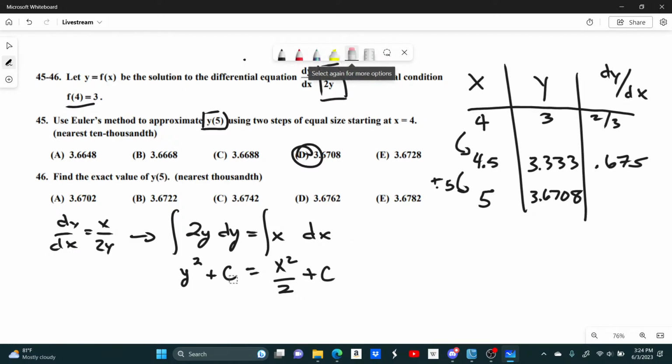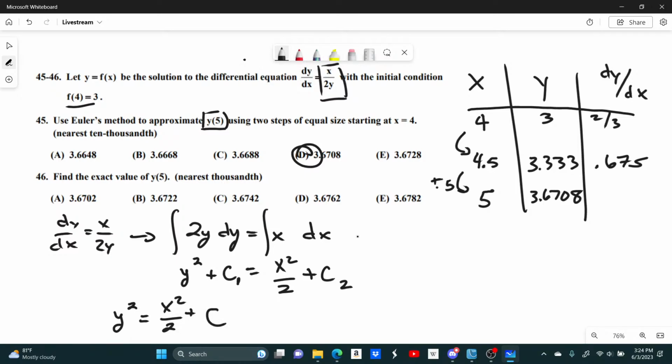But if I have a plus c on both sides, then when I subtract the other one over, actually, let me show it this way. If I make this plus c1 and this plus c2, and then I subtract the c1 over to the other side, constant 2 minus constant 1 is still going to be a constant, so I'm just going to write it as a c. That's what I was trying to say earlier.